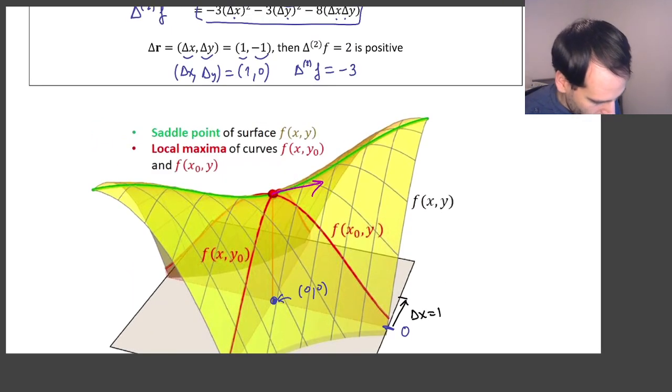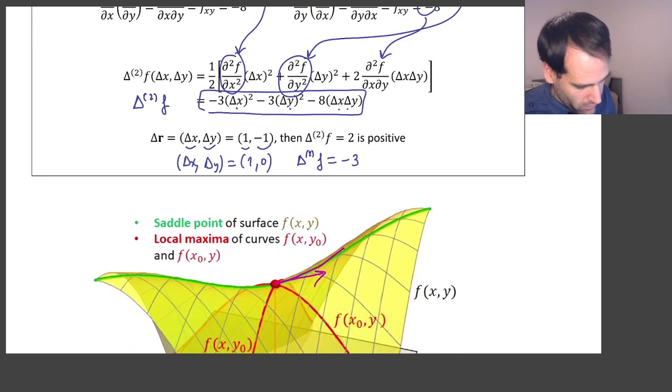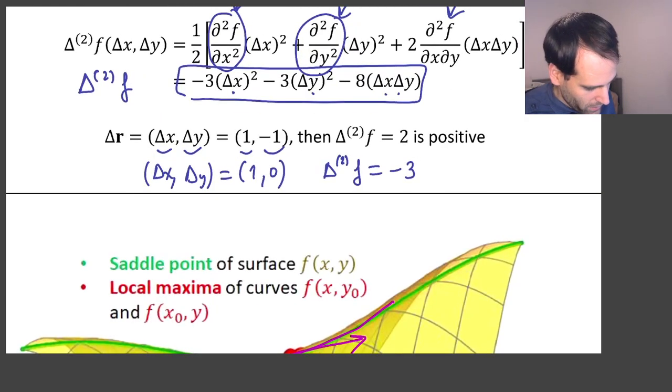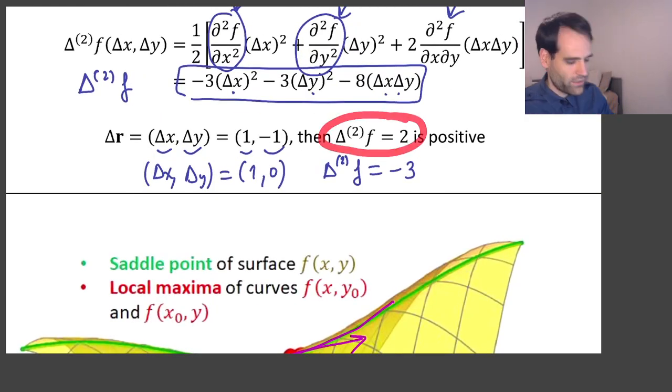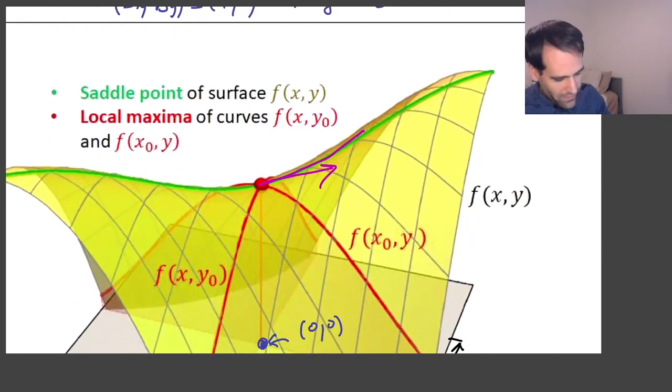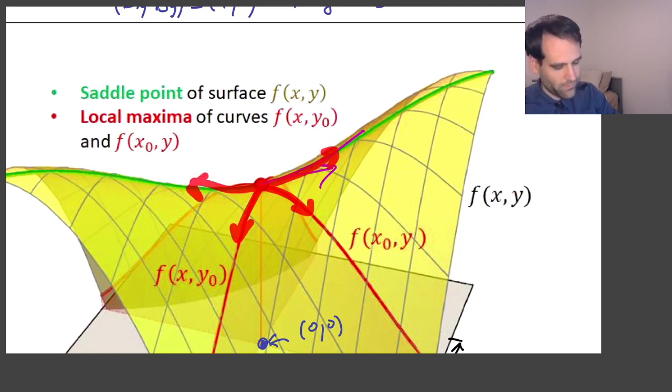And you see that indeed we are rising, because the second order partial derivative is positive. It is equal to 2 in that direction. So depending on the direction, in some directions the second order partial derivative is negative, but in other directions it is positive.